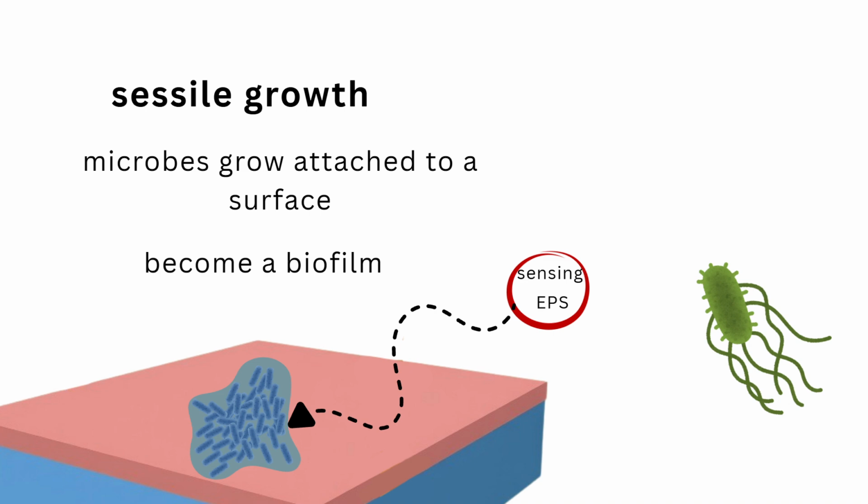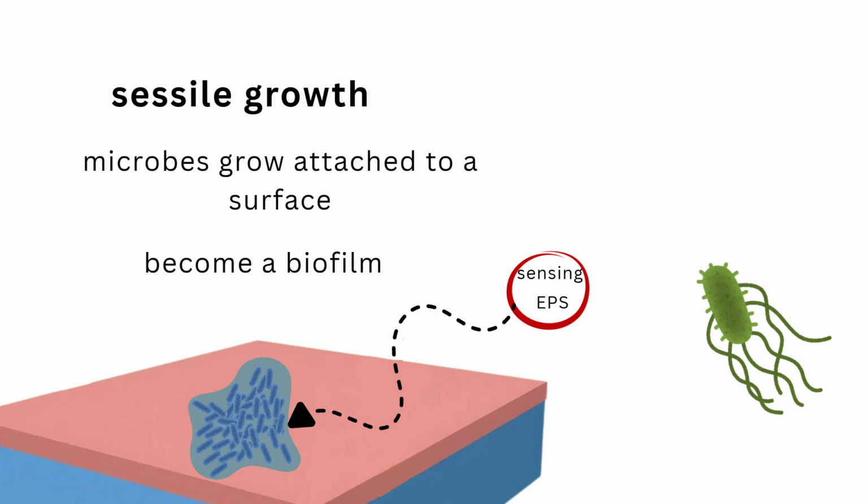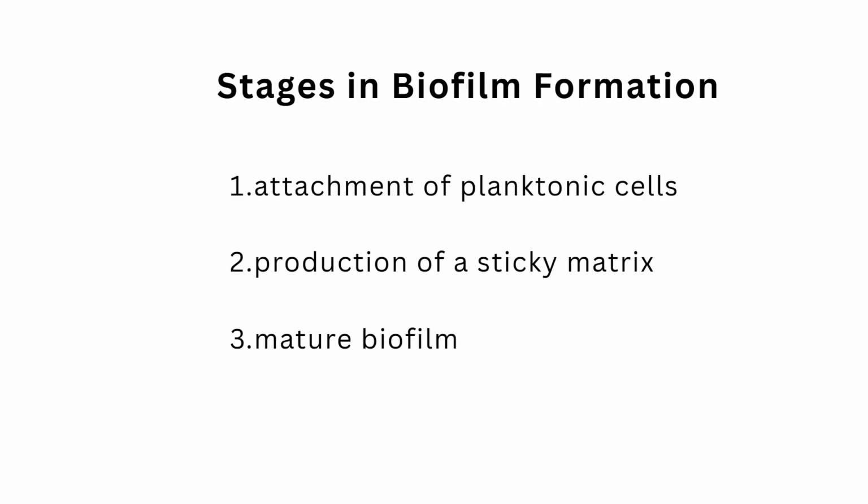They will attach themselves onto a surface, produce polysaccharide matrix, and then this matrix will be sensed by bacteria that no longer receive enough nutrients. So, okay, there's no more nutrients. I sense EPS, and I'm going to attach myself also to the EPS and become a biofilm.